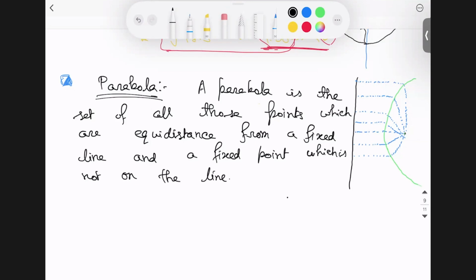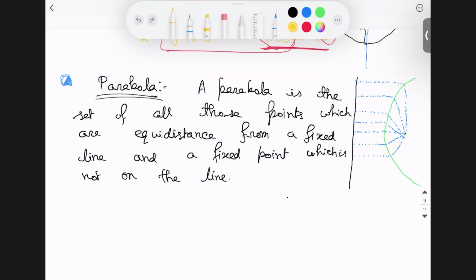What does that mean? We have one hypothesis, that this point must not lie on this black line. This point is not lying on the line. It may happen that the point lies to the right of the line or to the left of the line, but it will not lie on the line.